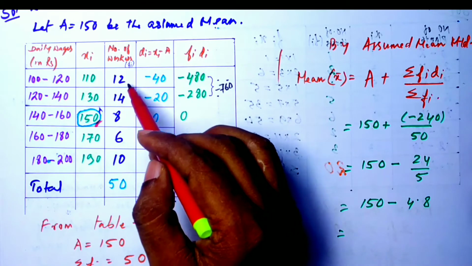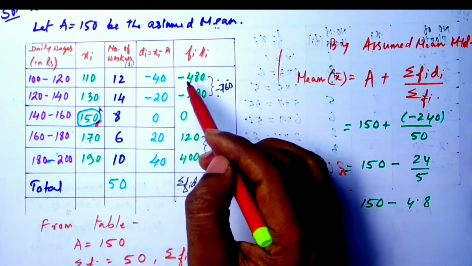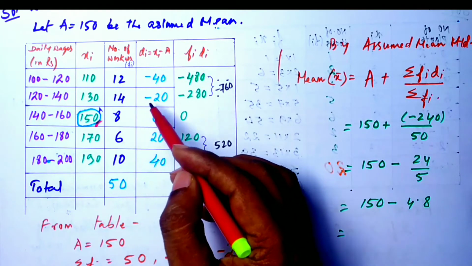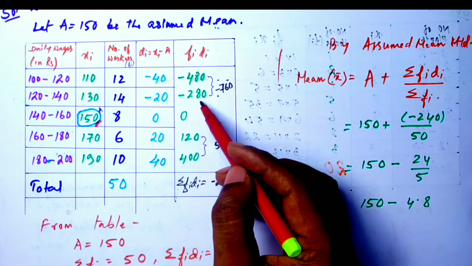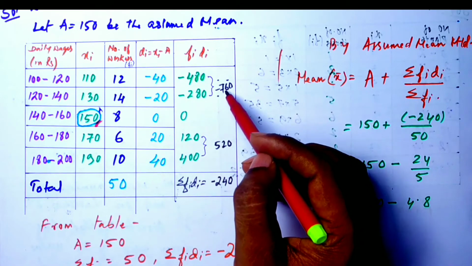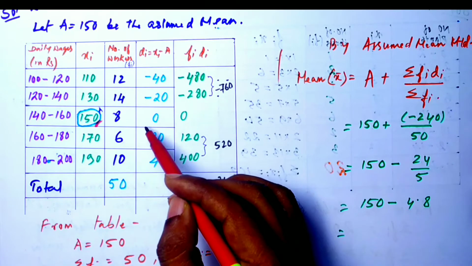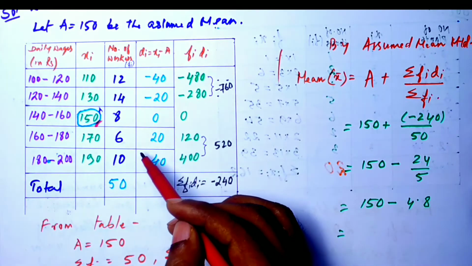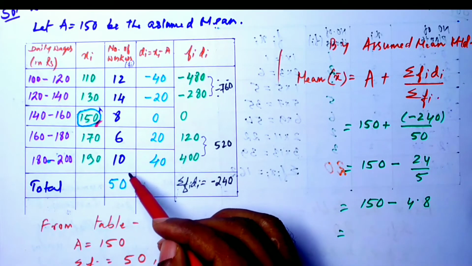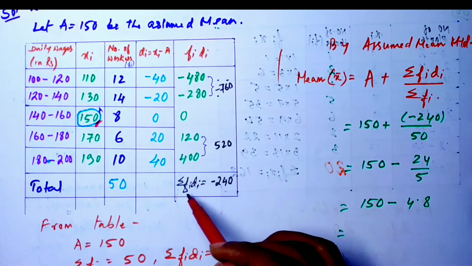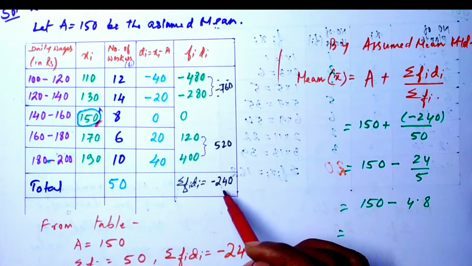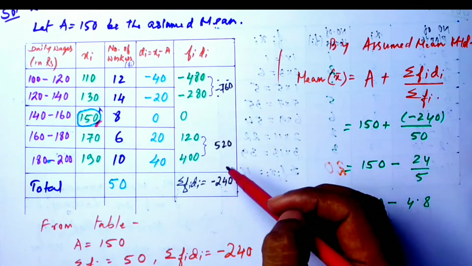So 12 into minus 40 is minus 480, 14 into minus 20 is minus 280, the total of these two is minus 760. 8 into 0 is 0, 6 into 20 is 120, 10 into 40 is 400. So we found summation fi di, which is minus 240.